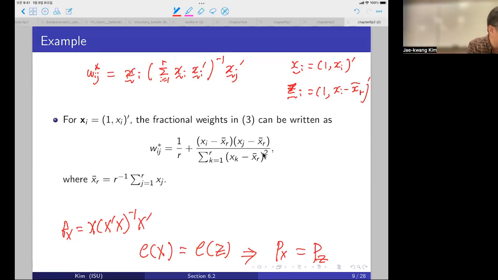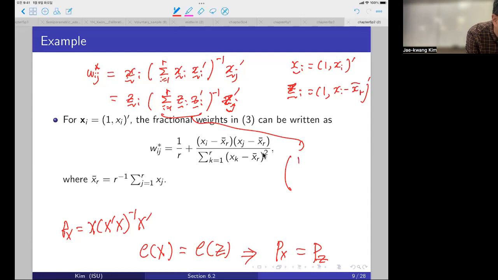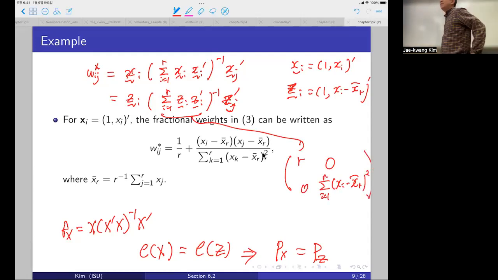My point is that you can write it as a diagonal matrix. So this one turns out to be R, 0, 0, the summation of (xi minus x bar) squared. So that is why you have this 1 over r.